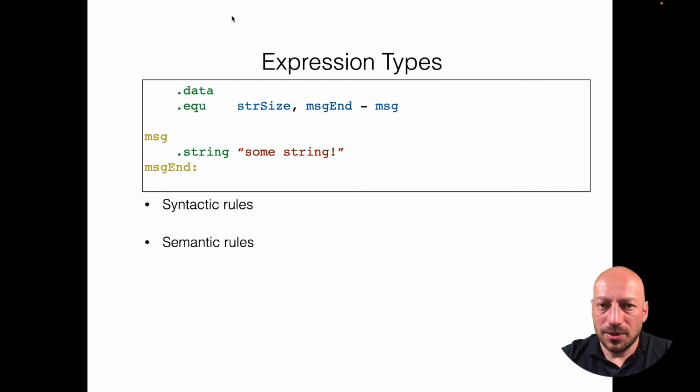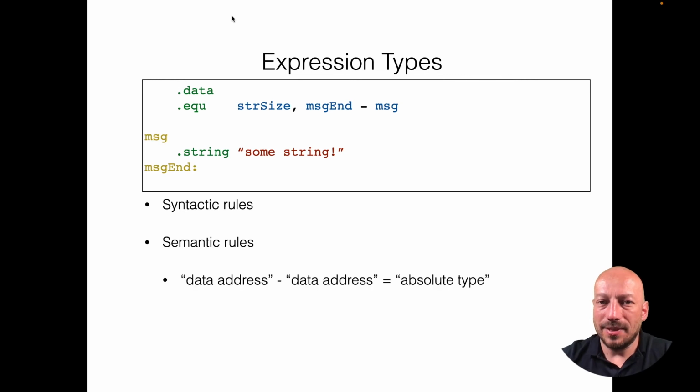But in addition to these grammar rules, you also have semantic rules. And not everything that is allowed by the grammar is semantically allowed. In this case, it is allowed because one rule states that if you have a difference of two addresses in a data segment, the expression has the type absolute.